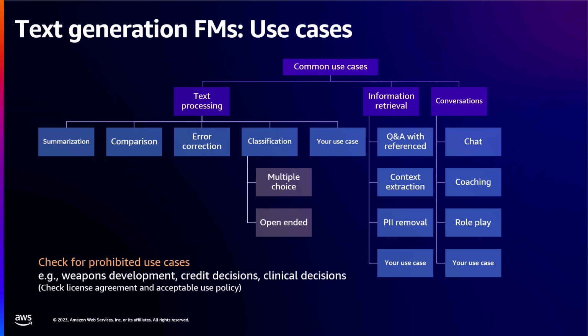So a foundation model is useful across many, many different use cases. What is particularly helpful in the early stages of building an application is identifying broadly what those use cases might be in your modality, whether it's text generation or image generation, and then listing out all the tasks that you expect the application to perform.